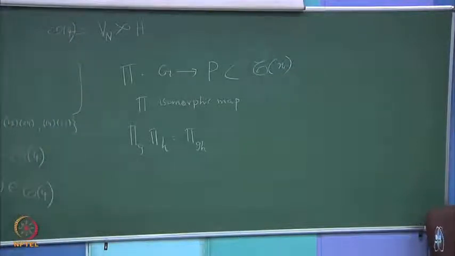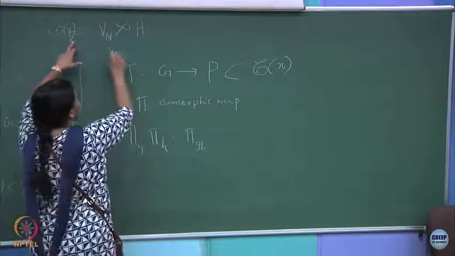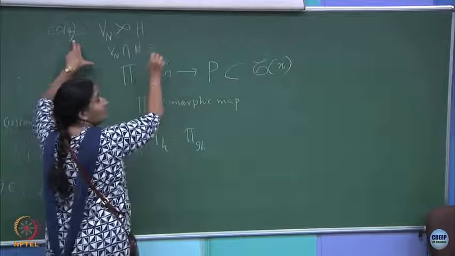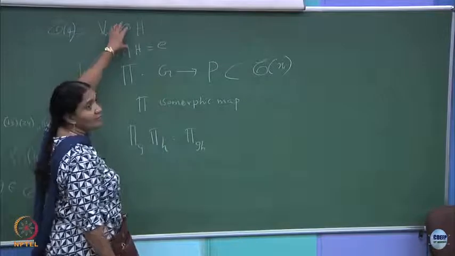Did you people try it out? Anybody has some insight on what should be the subgroup elements? What is the requirement? The elements of Vn intersection elements of H has to be only the identity element. That is the definition of a semi-direct product.